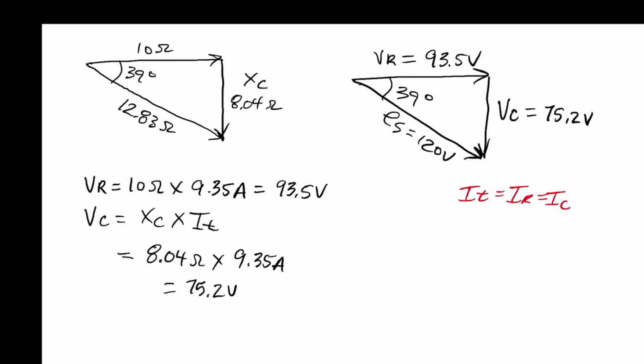So they're all the same current, all in the same phase. And that current lines up with one of these voltages, and that voltage is VR. The current and the voltage of a resistor is always in phase. So that means we could say that I total is right here, equal to IR equal to IC.